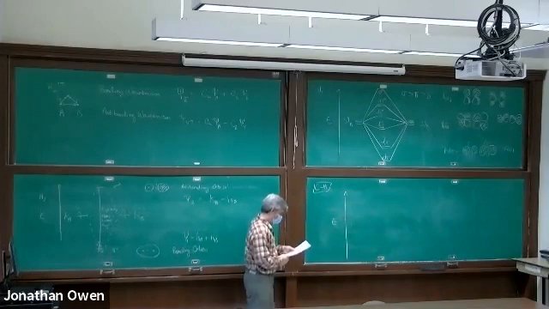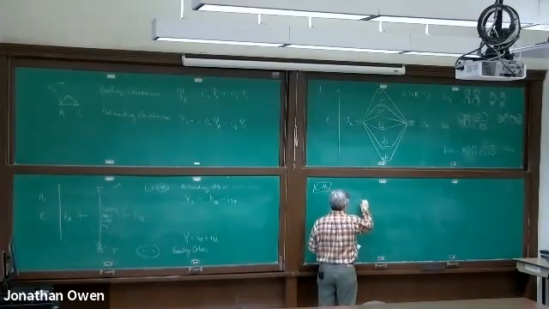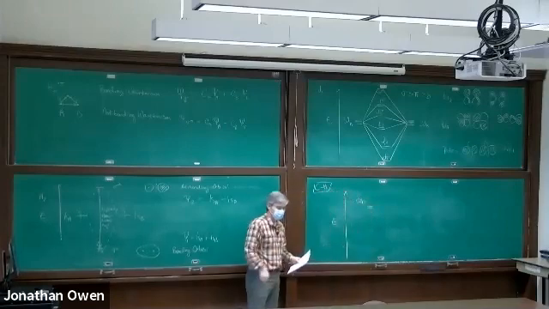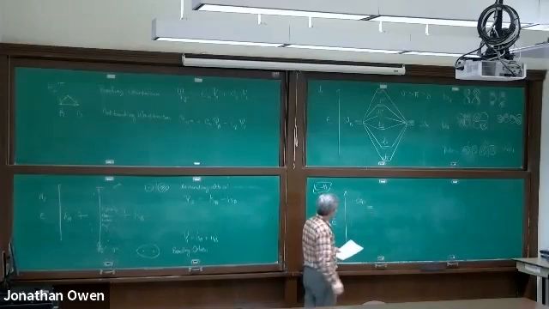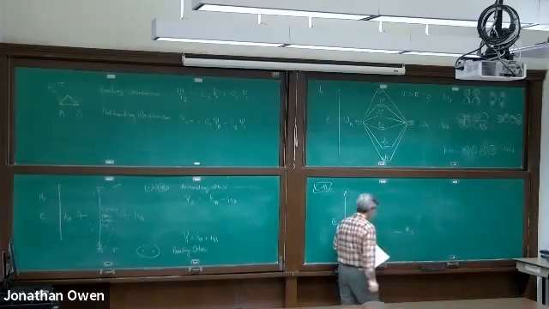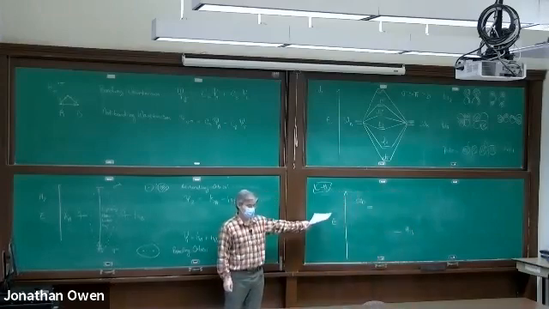Now we're going to take a carbon, three carbon 2p orbitals. And I'm going to interact them with one hydrogen, one s. I started them at different energies this time. Why is that?